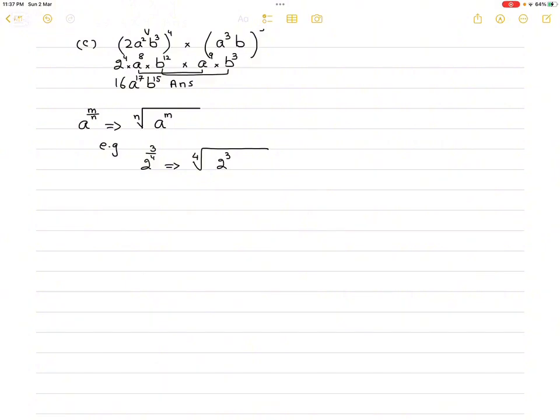Let's do some more examples. Suppose I write 4 power 1 over 2, the radical form is 4 power 1 and the root is 2. Whenever the root is 2, we don't need to write it. It is normally known as square root, and the power 1 is never written. It is understood that the power is 1, so this is actually the square root of 4, which you can further write as plus minus 2.